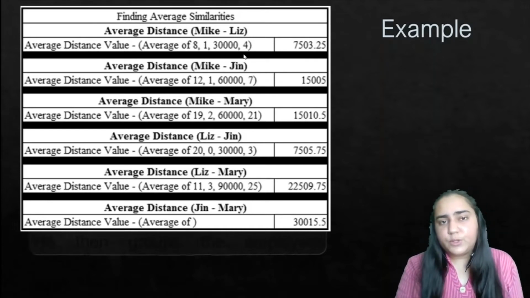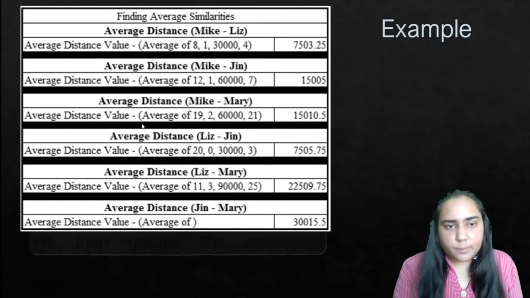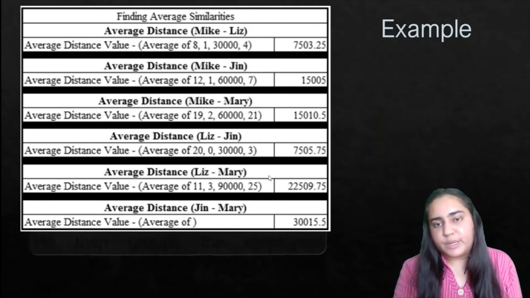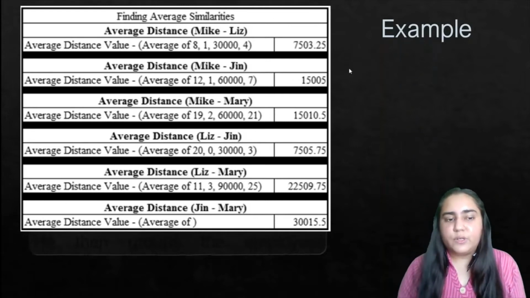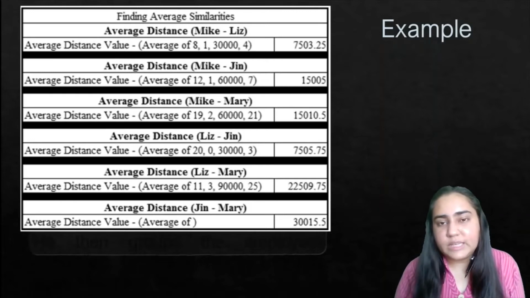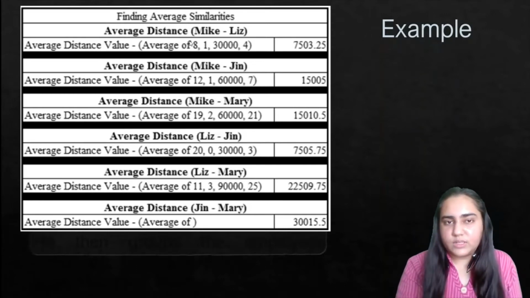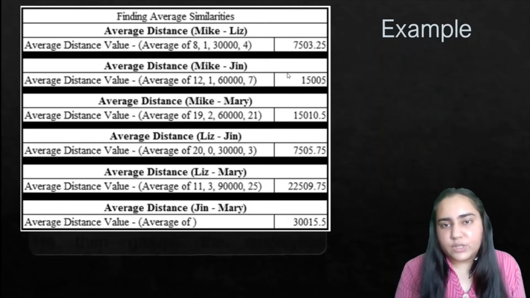Now, we're going to do that for all 6 values, and we have generated these big numbers. Now we just have to look at our data and see which of these is smaller. So just pick the smallest 3. You can say that Mike and Liz have very little distance, because only 4 digits.